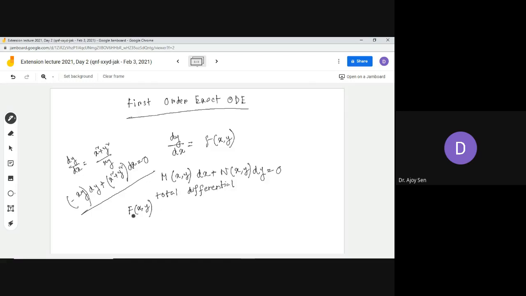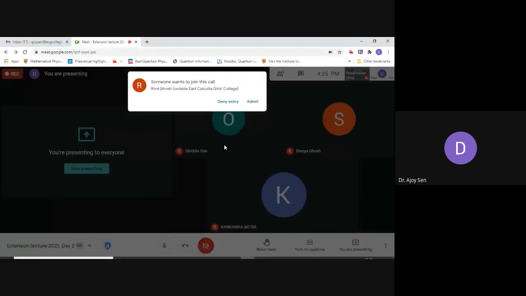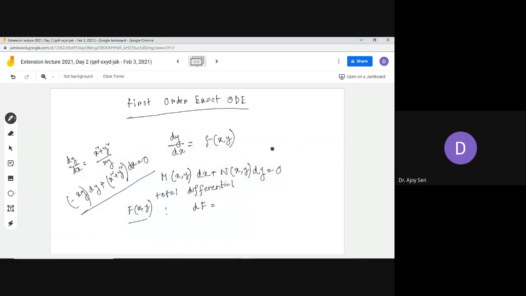The total differential of a function is this thing, where df is given as such.